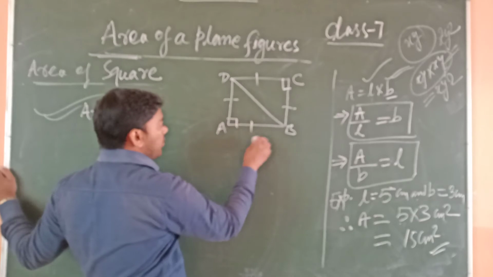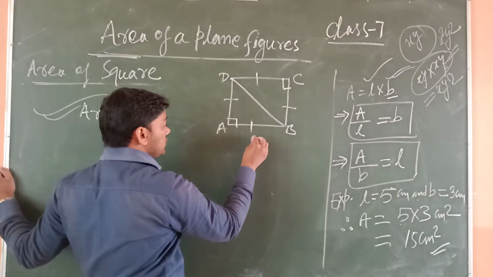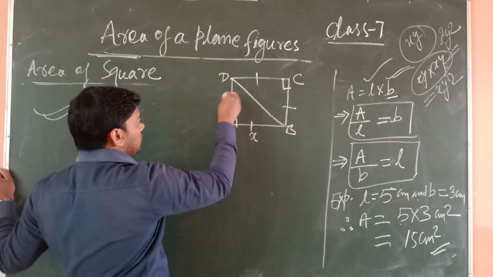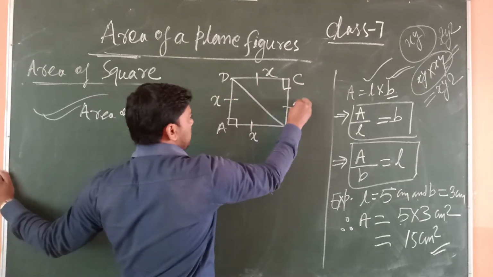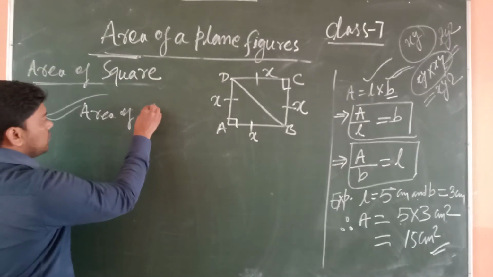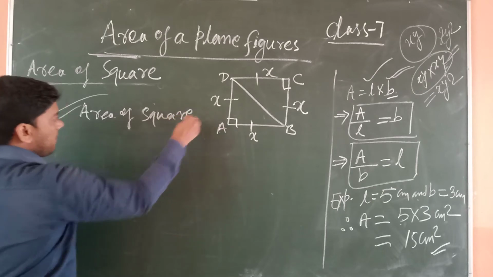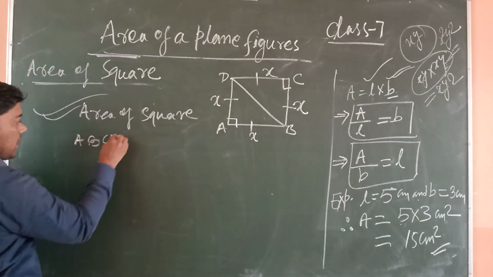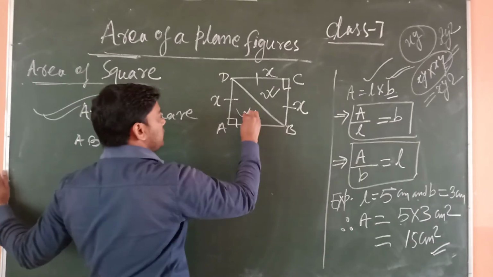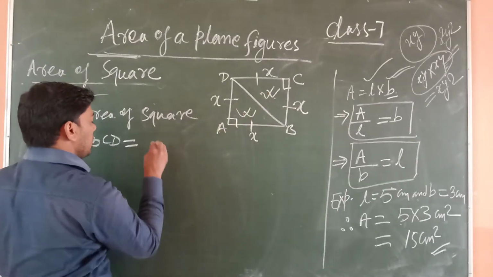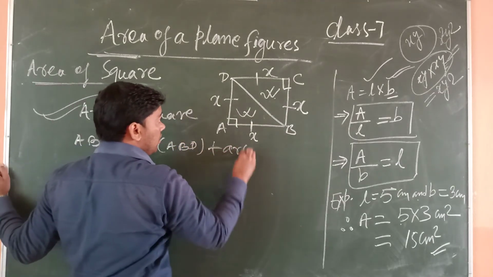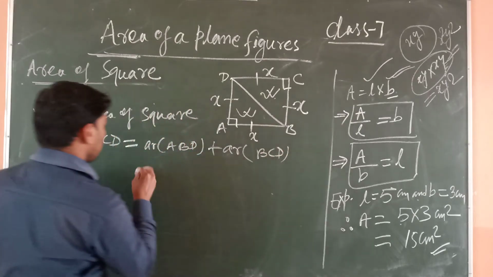Suppose that the length of AB is x. So the other sides will also be x. So the area of square ABCD is equal to the area of this triangle and this triangle: area of ABD plus area of BCD.